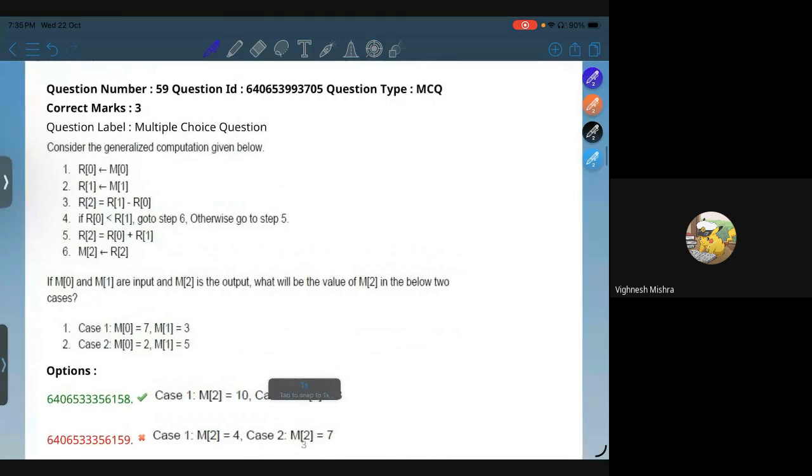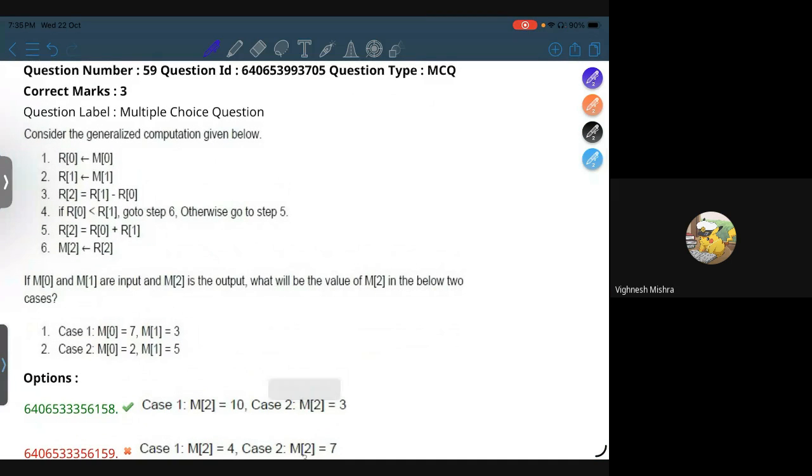Then m0 and m1 are the input, so m2 is the output. What will be the value of input in below two cases? Okay, so m1 is 7 for the first case and 3. Now this is 3 minus, this is -4.